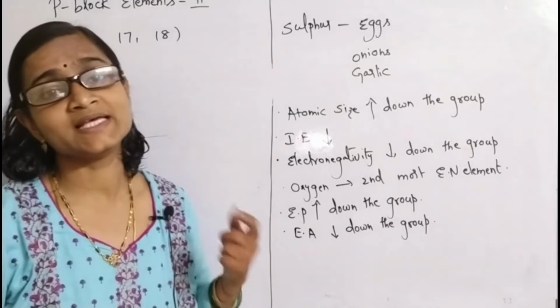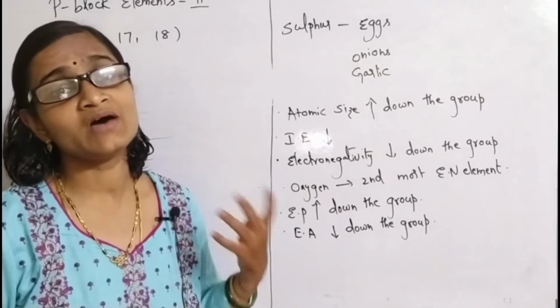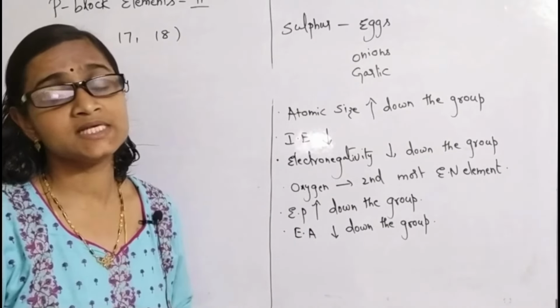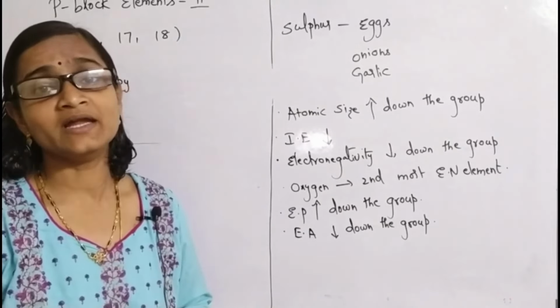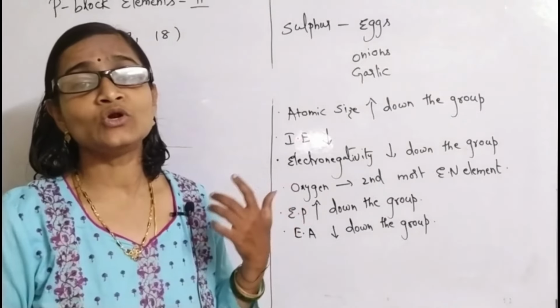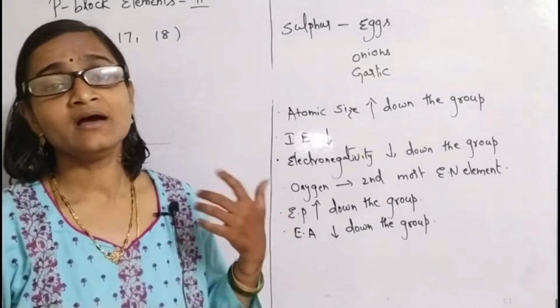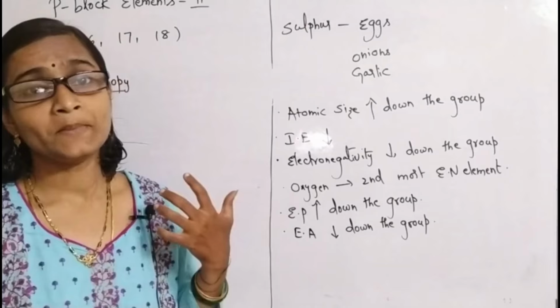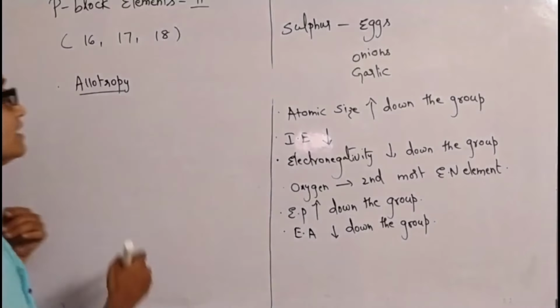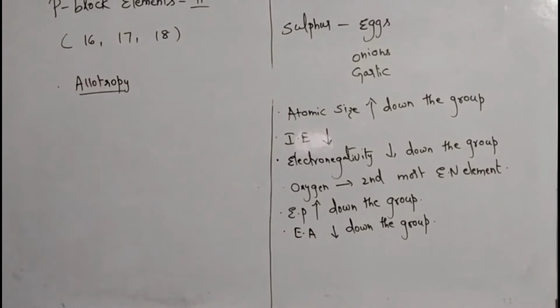Same element but existing in different forms, as you have learnt in the case of 4A group elements. Carbon exhibits so many allotropic forms like diamond, graphite, C60, Buckminsterfullerene. It exists in so many forms. So allotropy can be exhibited even by what? 6A group elements also.